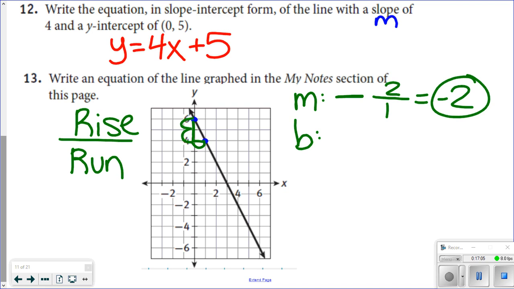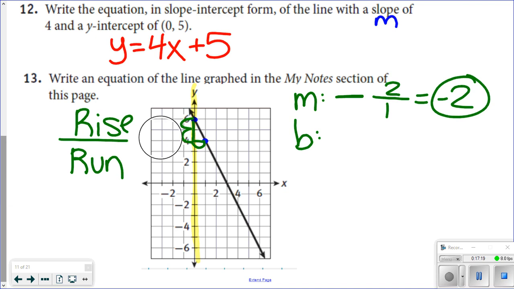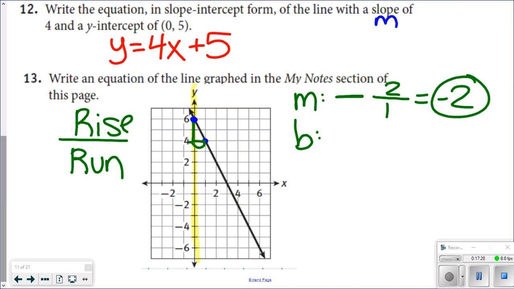And what's my y-intercept here? I'm going to highlight my y-axis for you right here. Where does the line touch or cross that y-axis? At what number? It's this point right here. It's up at 6.